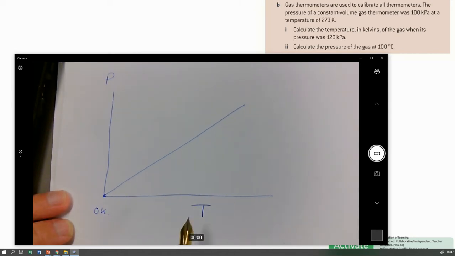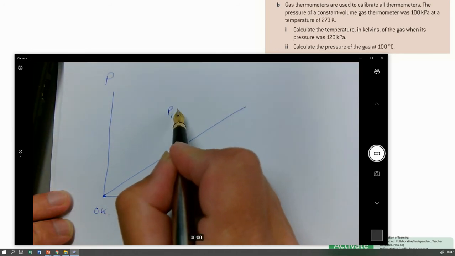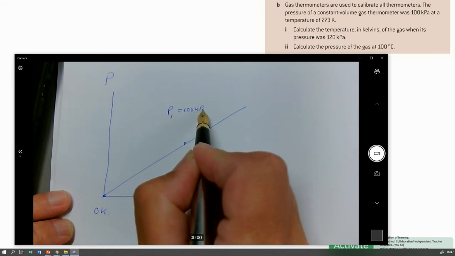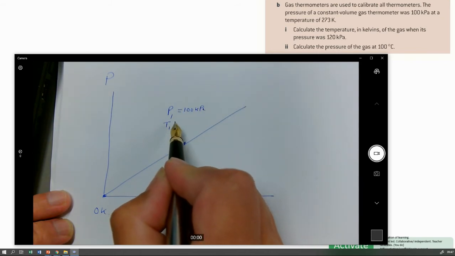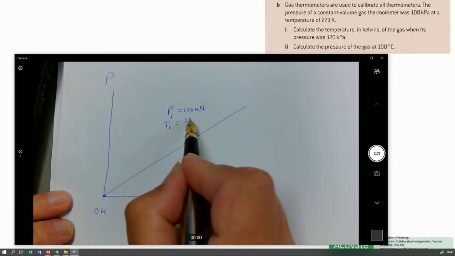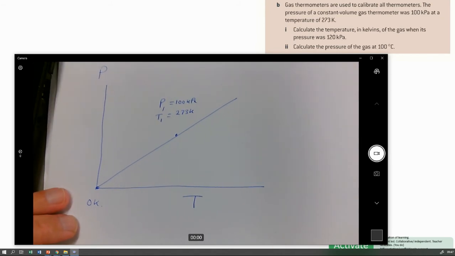The first bit of information we're given is that when pressure 1 is 100 kilopascals, the temperature is 273 Kelvin.